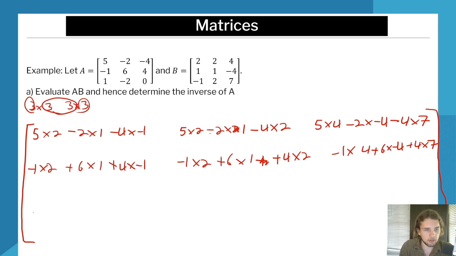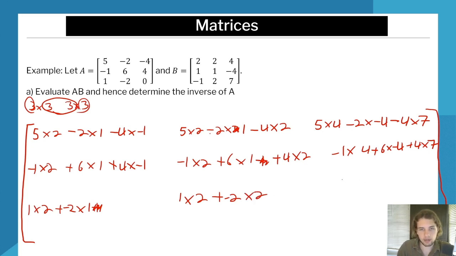And we can finally finish off with row 3. So we have row 3, column 1, 1 times 2 plus minus 2 times 1, we can ignore the zeros because they're obviously going to just cancel out everything. So we have 1 times 2 plus negative 2 times 2.